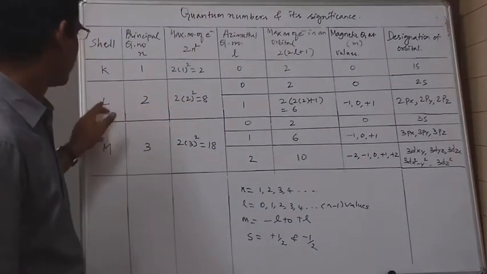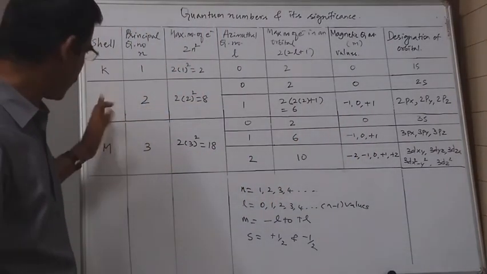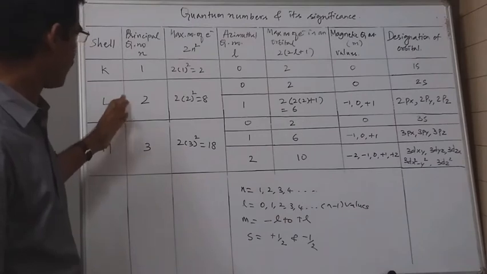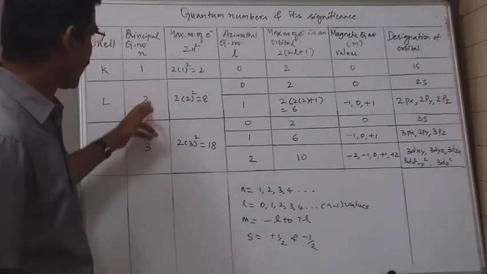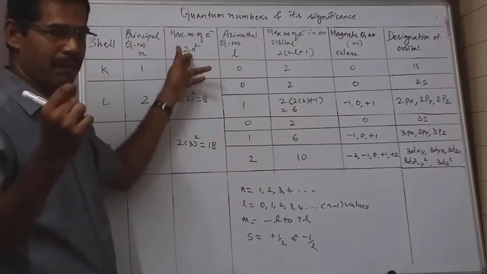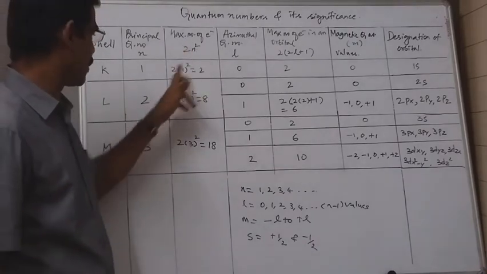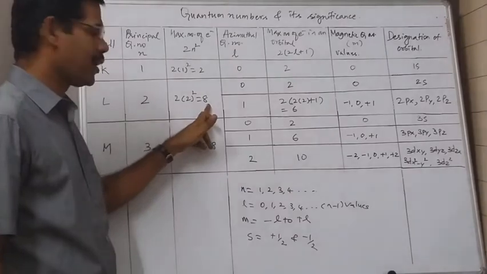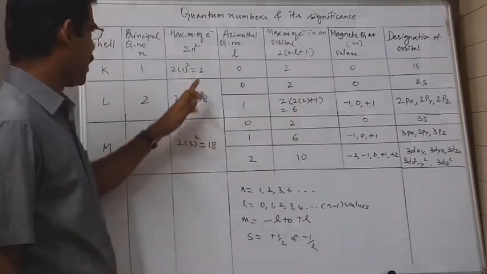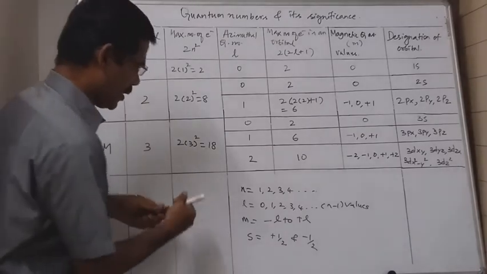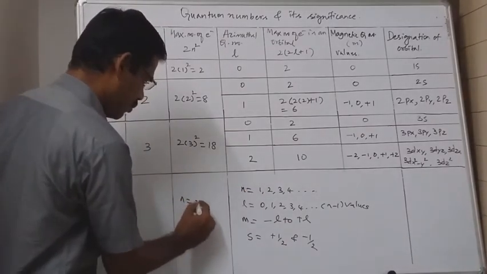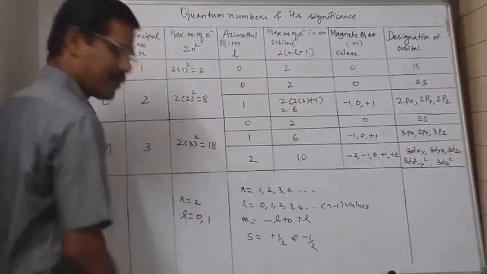Then likewise for the L shell. For the L shell, we have learned that the principal quantum number value is n equal to 2. Apply the formula 2n square, which helps you calculate the maximum number of electrons present in the L shell. That will be equal to 8. When n is equal to 2, L will be 0 and 1.